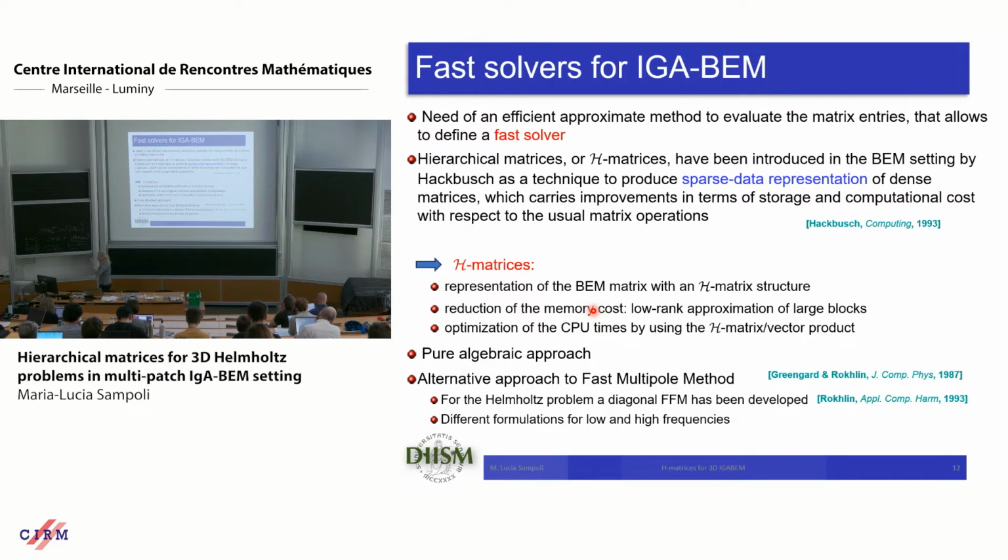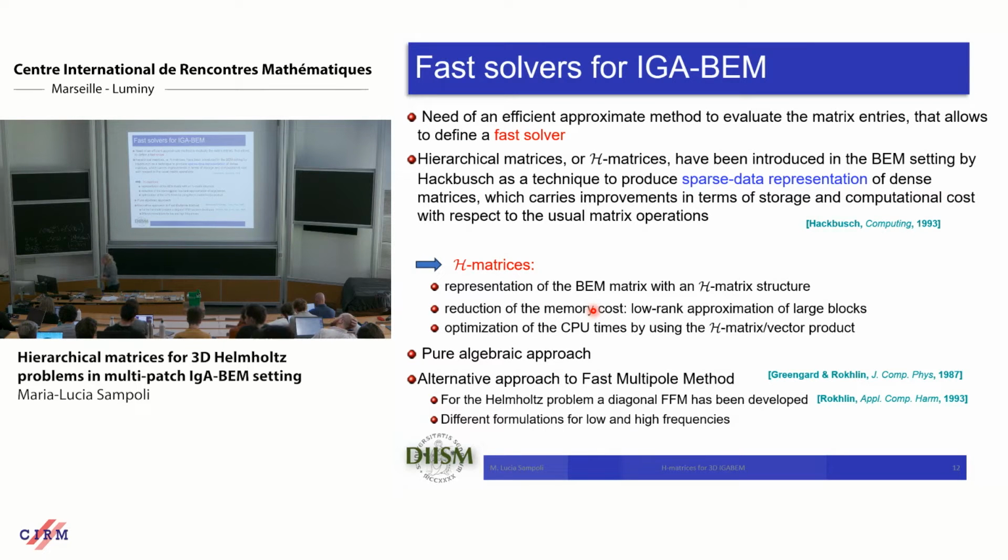The most famous technique is surely the fast multipole method, which is a very efficient method, but is based on a good knowledge of the fundamental solution. You should know the fundamental solution, and especially its degenerate expansion, in order to build the matrix. So, for instance, for the Helmholtz problem, you have different matrices for different wavelengths.